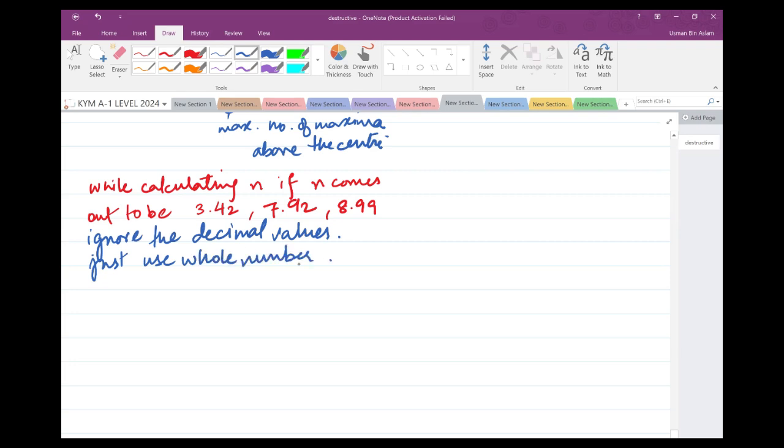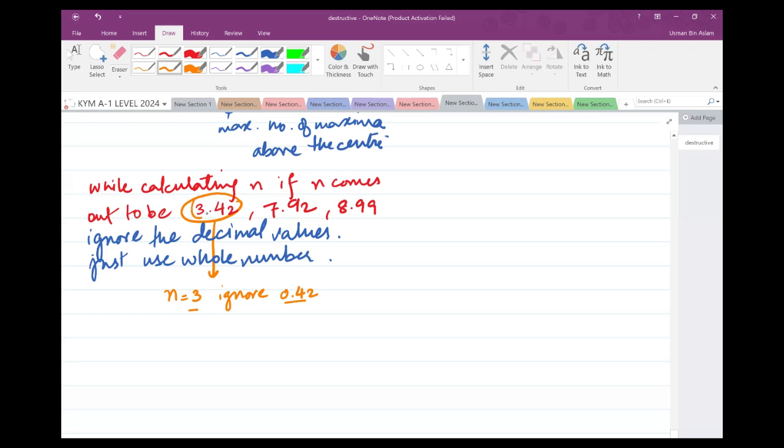That means if the n that you calculated came out to be 3.42, you will only be using n equal to 3 and ignore 0.42, because examiner will be asking you the number of complete maximas.